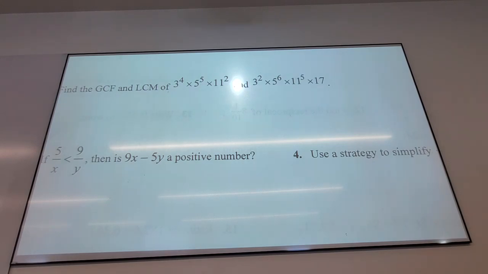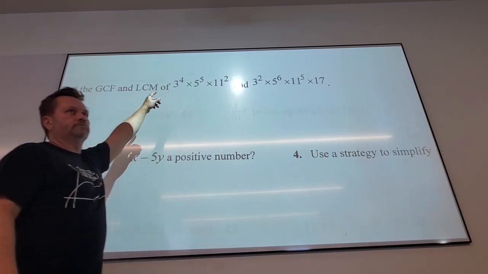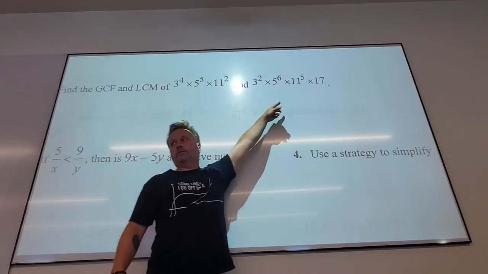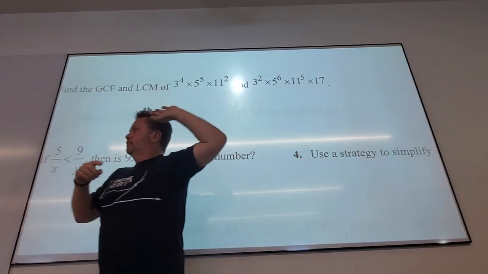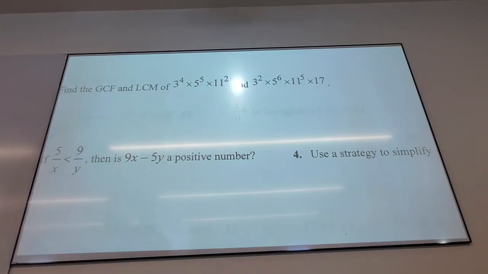Alright. So the GCF is the biggest number that is a part of each of those numbers. Is 5 to the 6th a part of this number? No. Is it a part of that number? Yes, but it does nothing for the first two. So what's the biggest amount of 5s that they both have in them? 5.